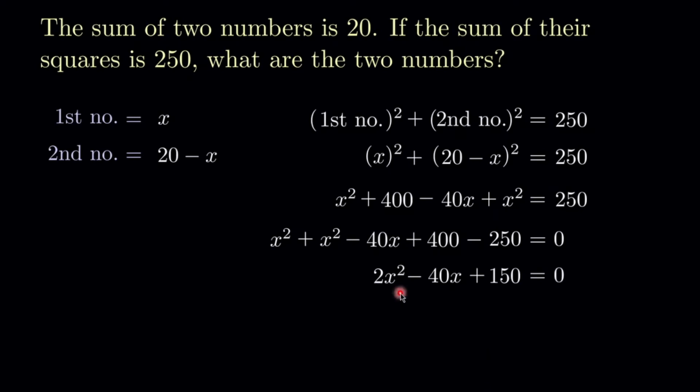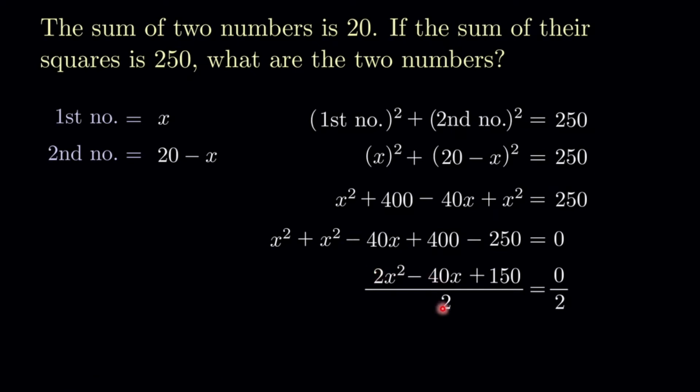So our quadratic equation is now in standard form. However, it can still be simplified because the quadratic term 2x squared, the linear term negative 40x, and the constant term 150 can still be divided by 2. So we divide both sides of the equation by 2.